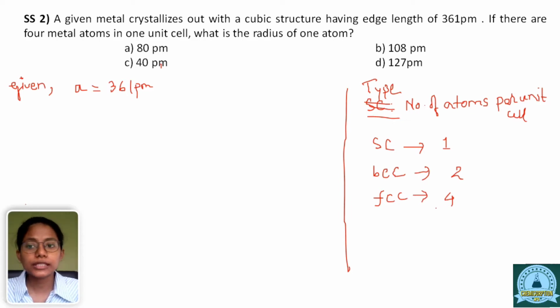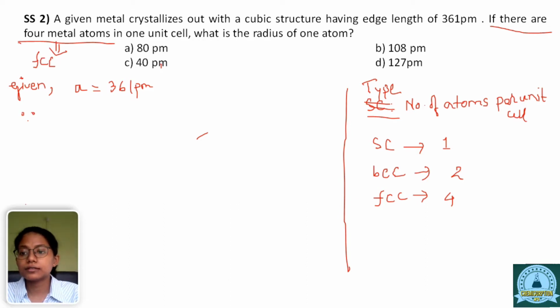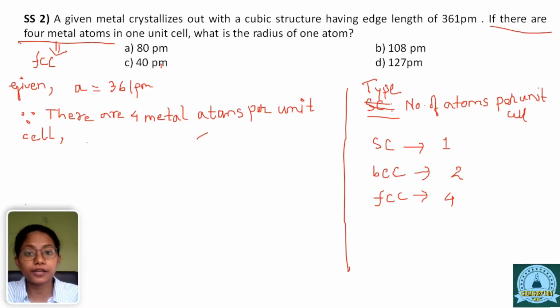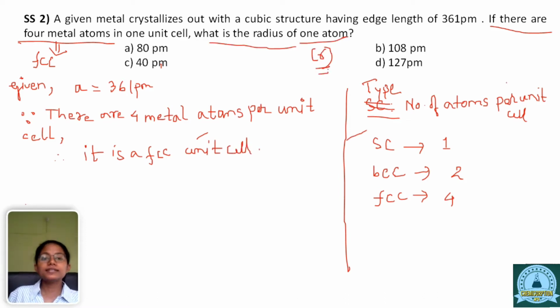So in the question it is given that there are 4 metal atoms per unit cell. It means the structure is FCC. Since there are 4 metal atoms per unit cell, therefore it is an FCC unit cell.